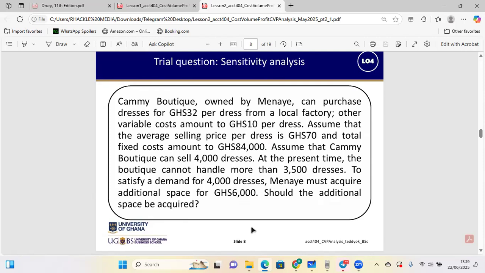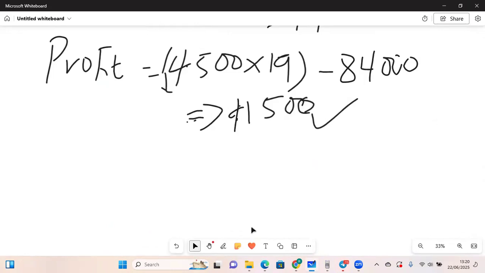So we have to do the same analysis again. But here, we have two different things. She can handle 3,500, so let's check the profit at 3,500 and the profit at 4,000 dresses. That's what we are going to do now. So profit at 3,500.